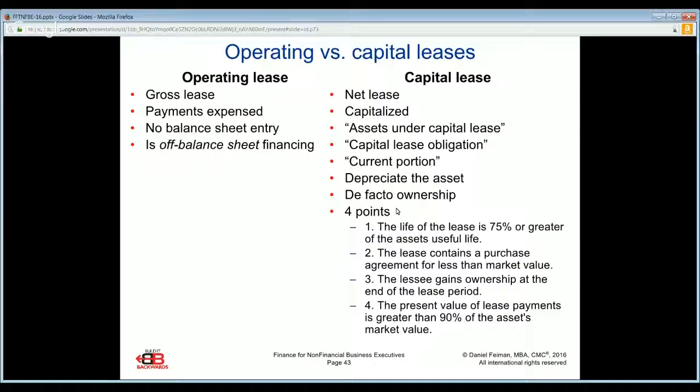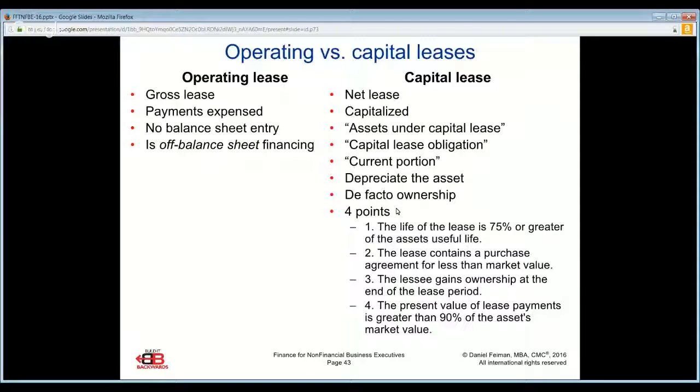Because in effect, it is what's called de facto ownership. We're financing the acquisition of this asset through a lease instead of a loan, but it really is ours. We're just using that particular financing vehicle.